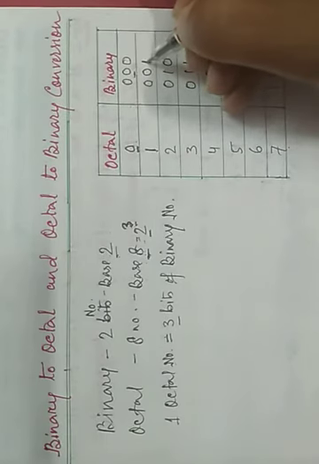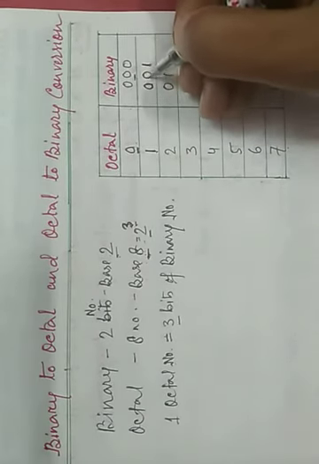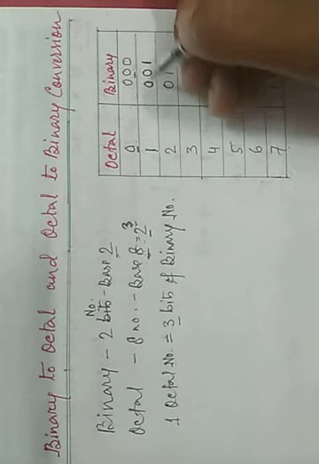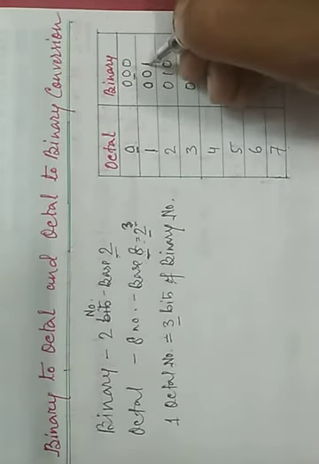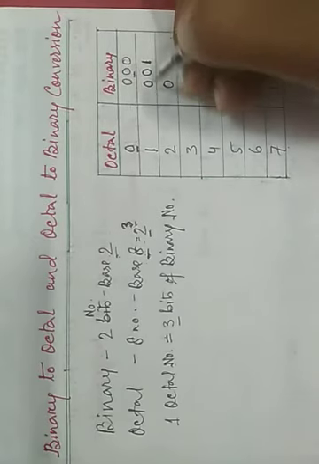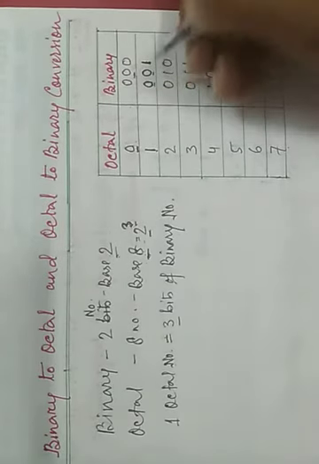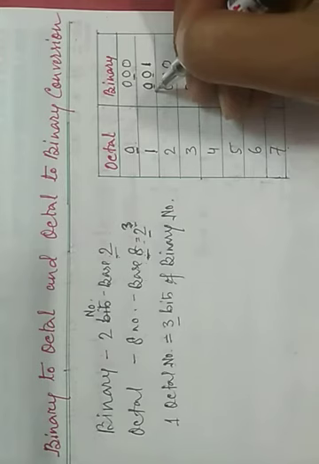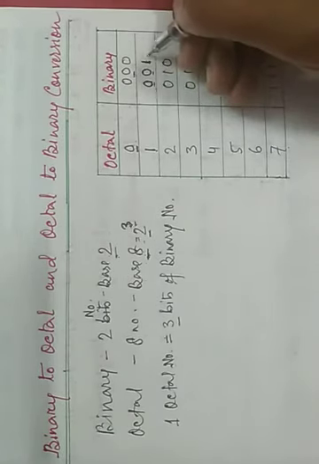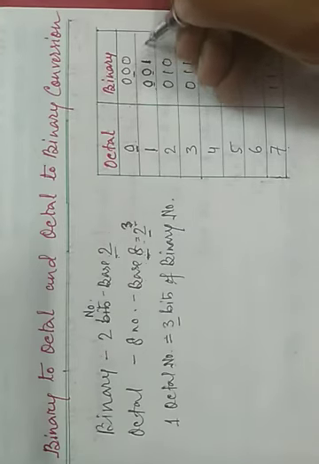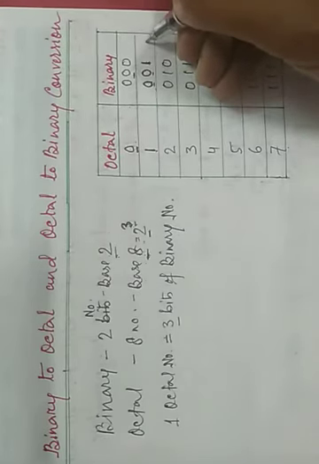So that's why we have to write 0 before 1, so that 1 can be represented in 3 bits. 1 is a single bit, but we have to represent 1 in 3 bits. So we have to put 0 at the left of the bit 1. Because if we write it at the right of 1, it will have significant value.